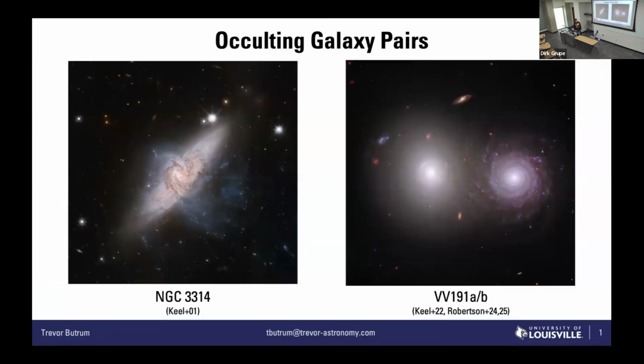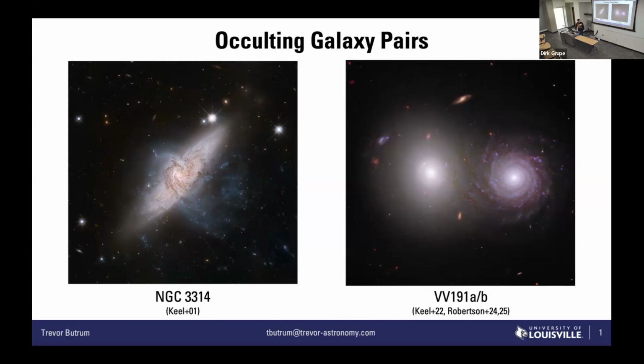So here are some pairs that we have for occulting galaxy pairs. It's a little hard to see on the PowerPoint here, but I also have one on the back of my laptop. On the left we have AGC 3314, which was found by Dr. Keel, who also works with overlapping galaxies. He's retired now, but he still works on them when he has free time.